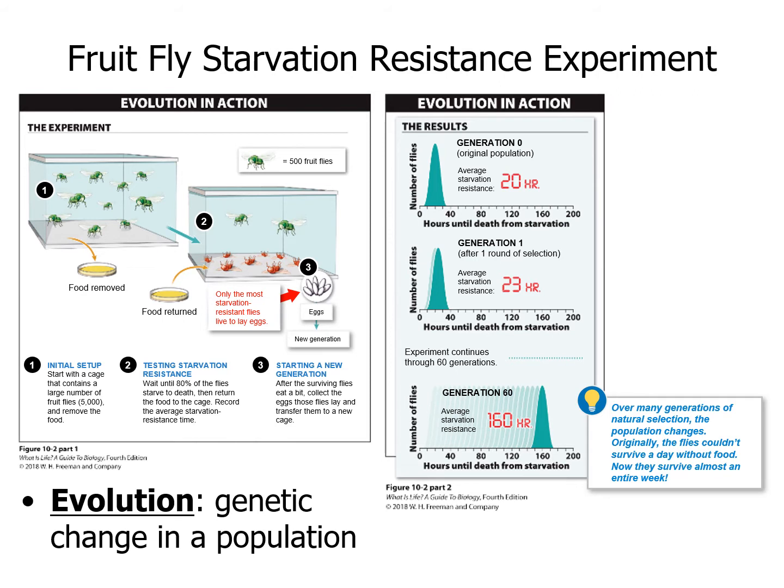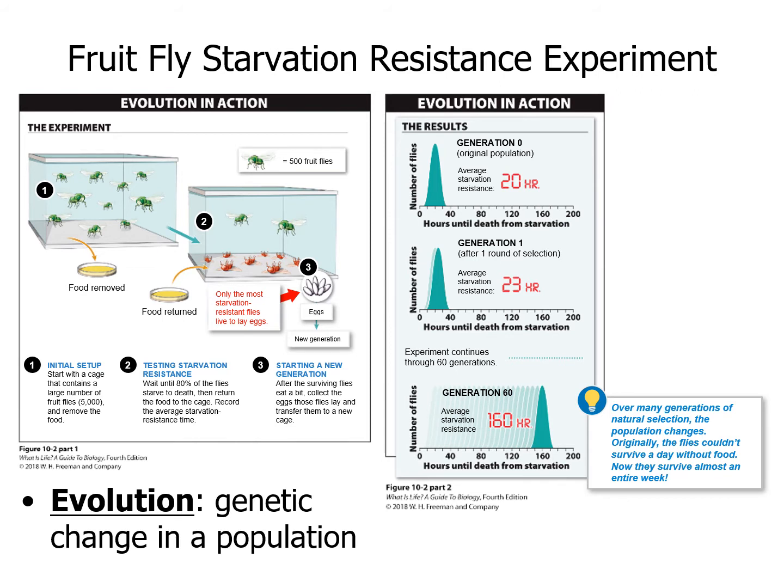So with our fruit flies, as far as inducing evolution, what we would do is we would take our population of fruit flies, remove the food, we'd come back at about 20 hours, see who's still alive, and then we would have them breed. We would only breed the most starvation resistant flies.